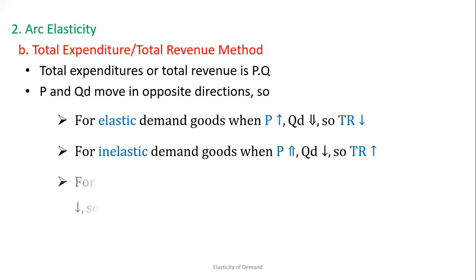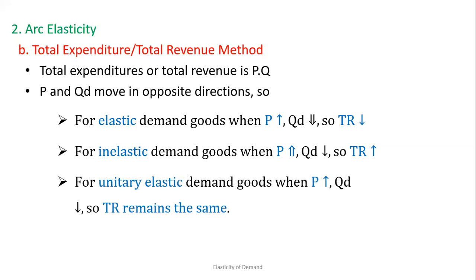However, when the change in price is matched equally in magnitude by the quantity demanded, both a rise in price and a fall in quantity demanded, or a fall in price and a rise in quantity demanded, cancel the magnitude of each other and total revenue remains the same. This is the case of unitary elastic goods.